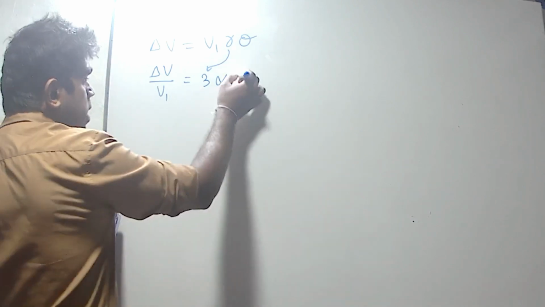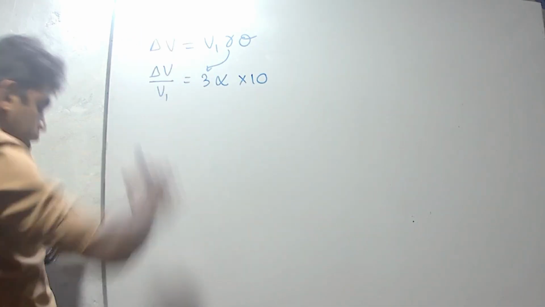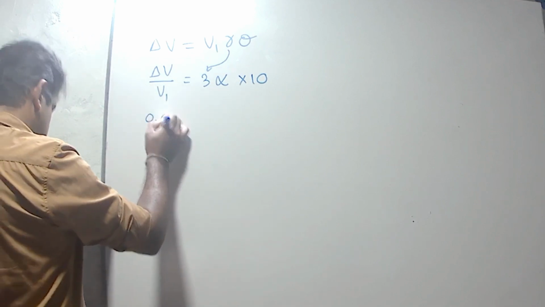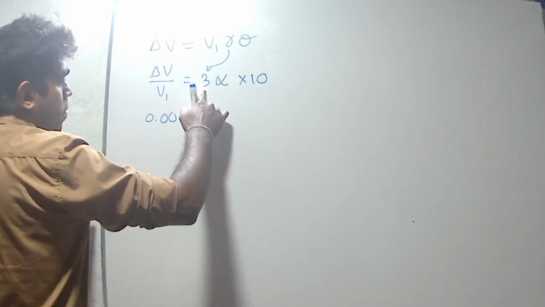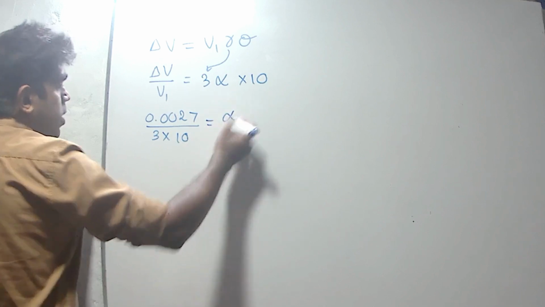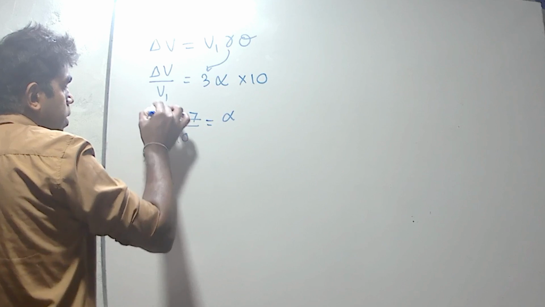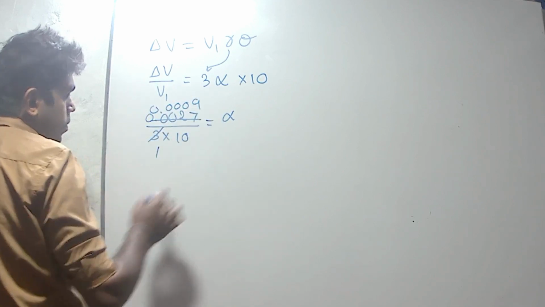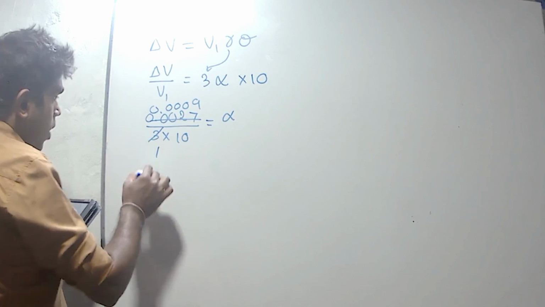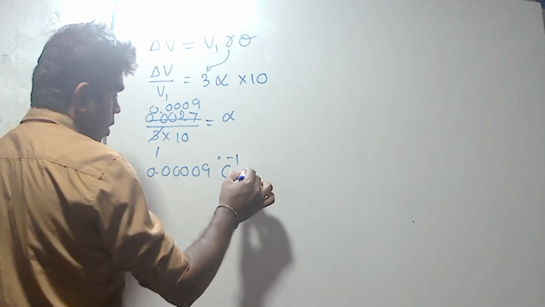Temperature difference is given as 10. Then I will substitute the fractional increase of volume, 0.0027. We can bring 3 and 10 to the left hand side. 3 into 10 equals alpha. Then we can cancel out 3 divided by 3, 1, and 0.0009 when dividing, we can obtain 0.00009 per Celsius or per Kelvin.